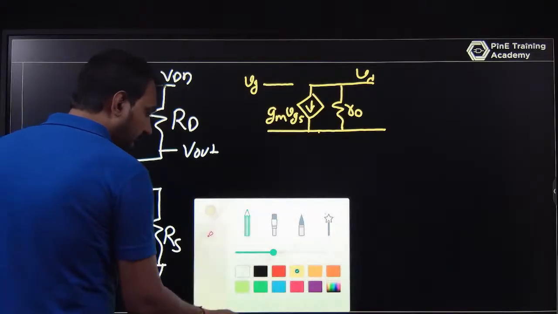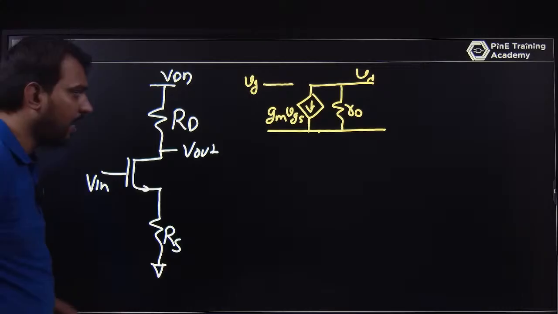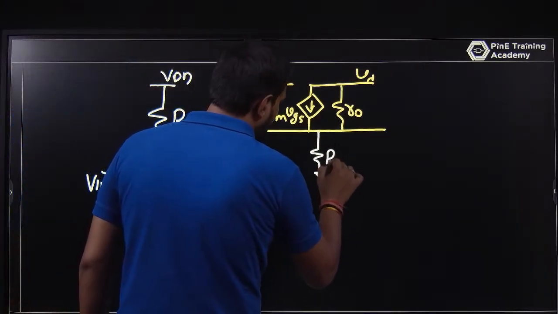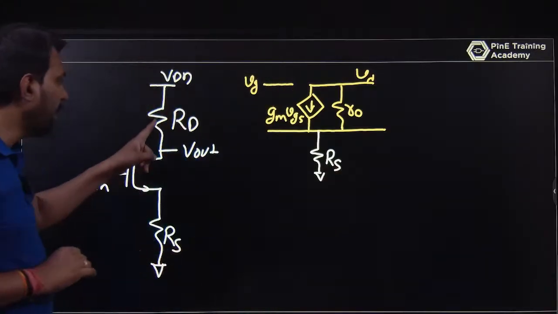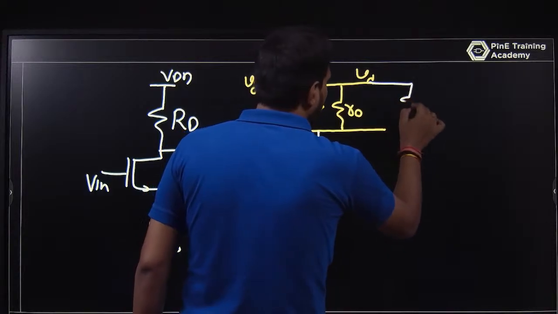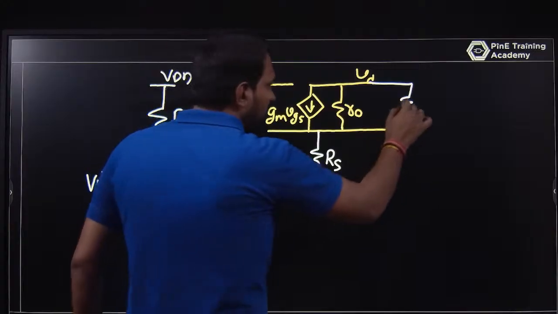Now I am changing what is connected. The source has a resistance RS, so I am connecting RS here. The drain is connected with RD, and RD is connected with VDD, and VDD becomes ground.